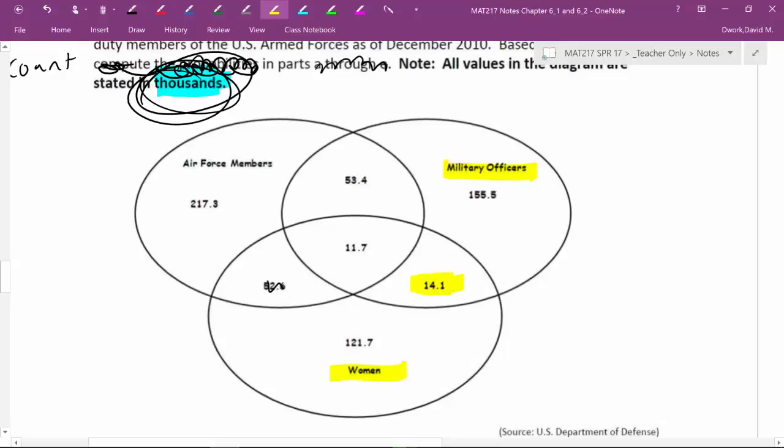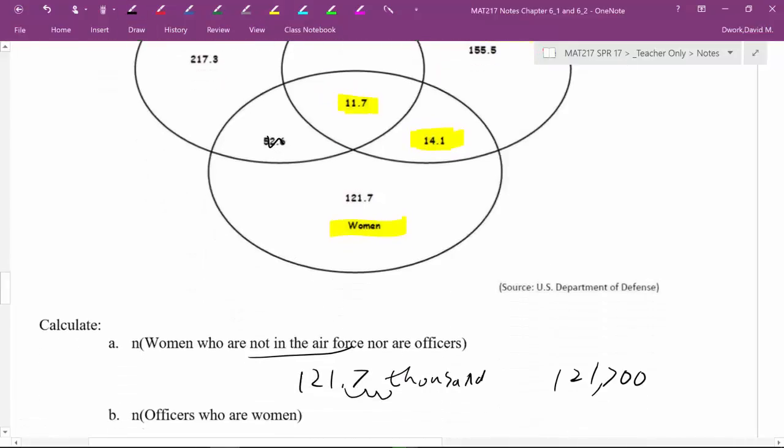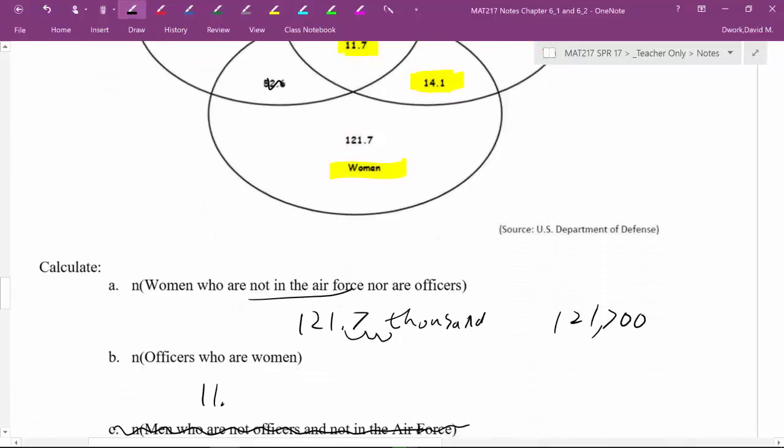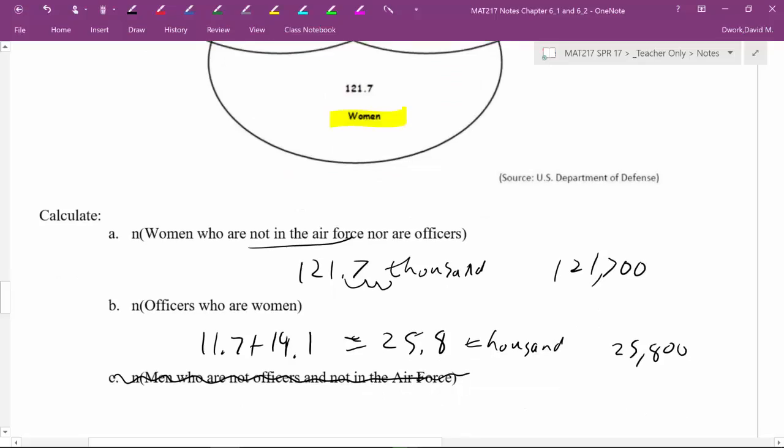So therefore, it has to be those people and those people. So how many people are there? Well, that would be 11.7 plus 14.1. So what does that come out to be? 25.8. So therefore, 25.8 thousand, or shift that 3 decimal places. So that'd be 25,800 people.